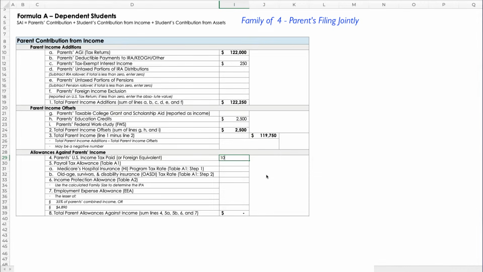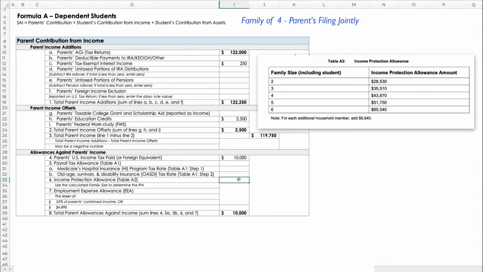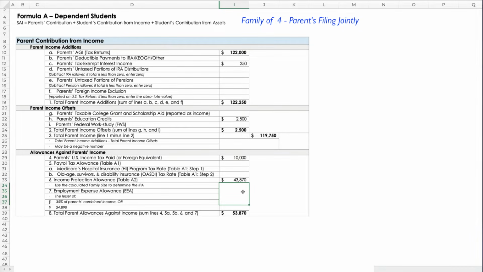Next, we can subtract income allowances. First, our parents pay $10,000 in federal income tax. They can also subtract the standard income protection allowance, which per Table A2 for a family of 4 is $43,870. Finally, the parents also qualify for the employment expense allowance, which is the lesser of 35% of combined income or $4,890.